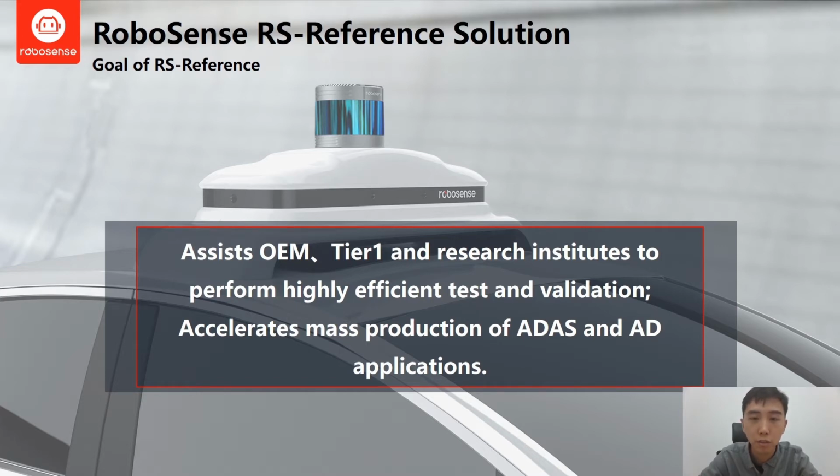So we would like to design a system to assist OEMs, Tier 1s, and research institutes to perform highly efficient tests and validation, and also help accelerate the mass production of ADAS and AD applications.